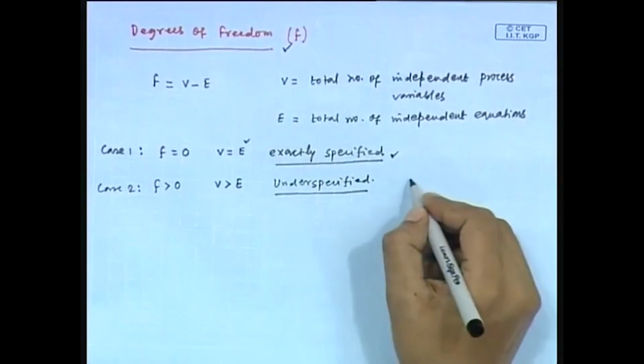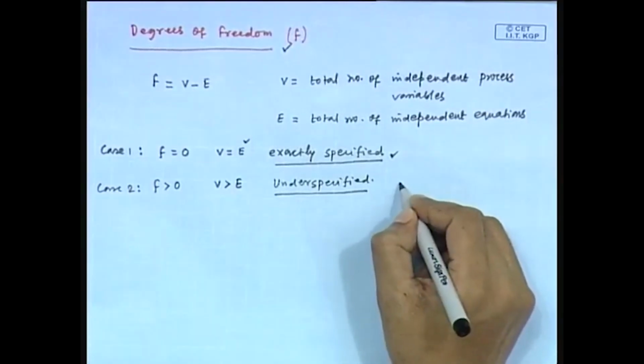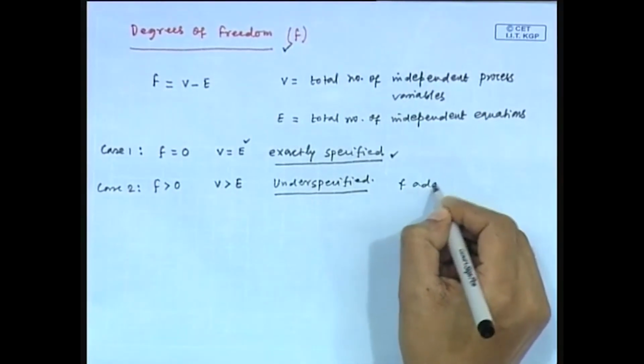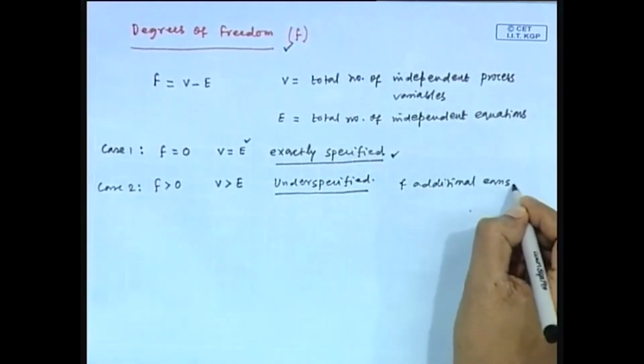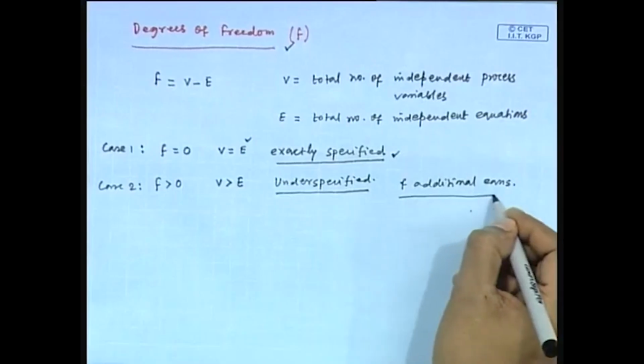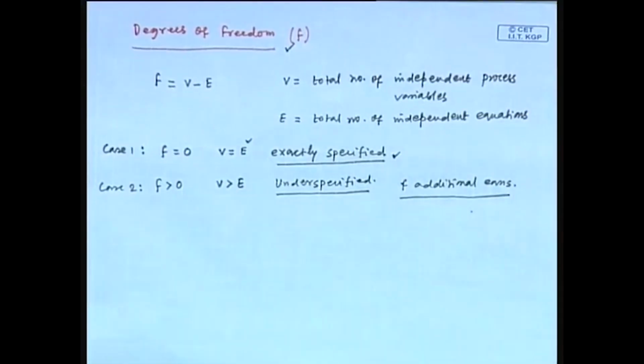By the inclusion of F additional equations. To make the underspecified system exactly specified, we need F additional equations. Then we can get the solution of the modeling equations.